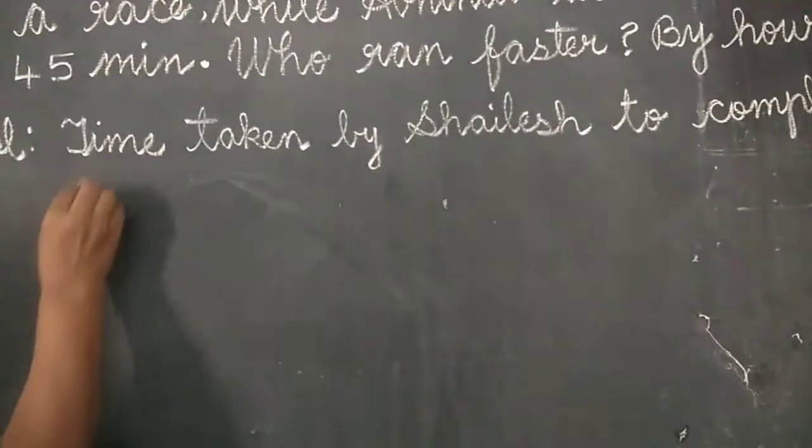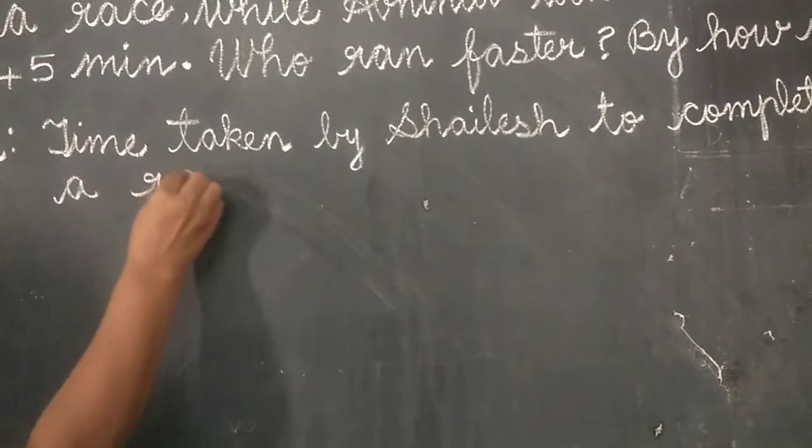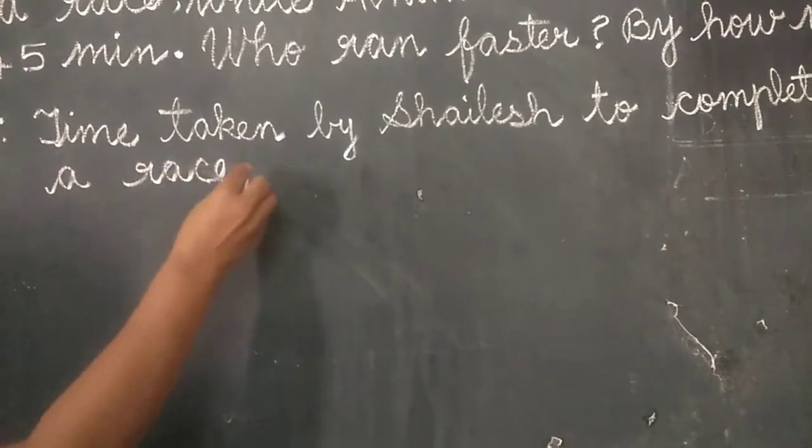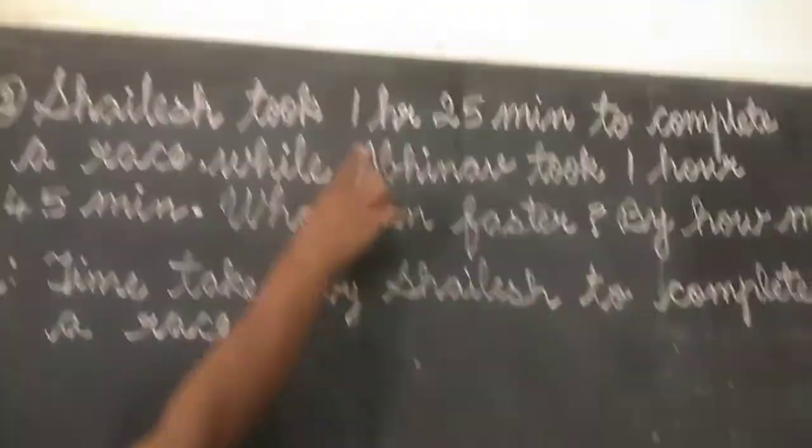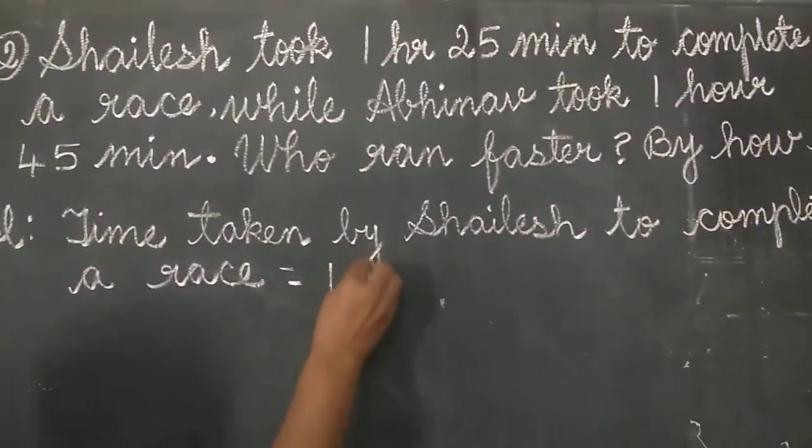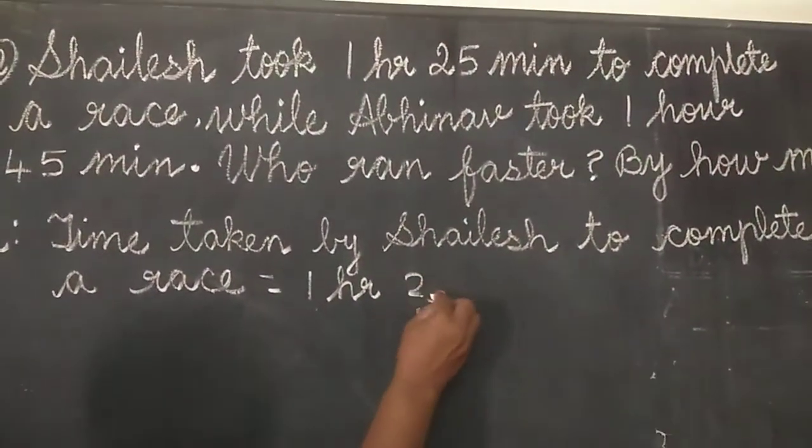So time taken by Shailesh, how many hours, children? 1 hour 25 minutes.